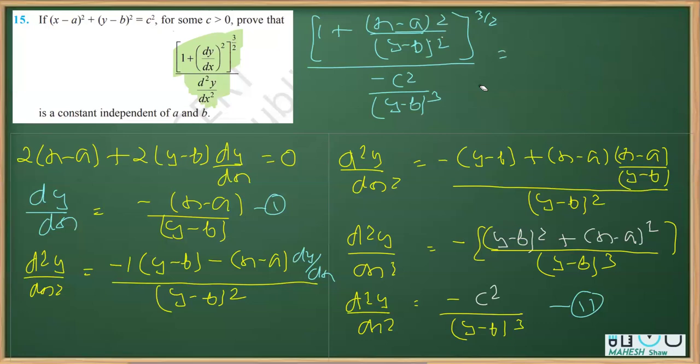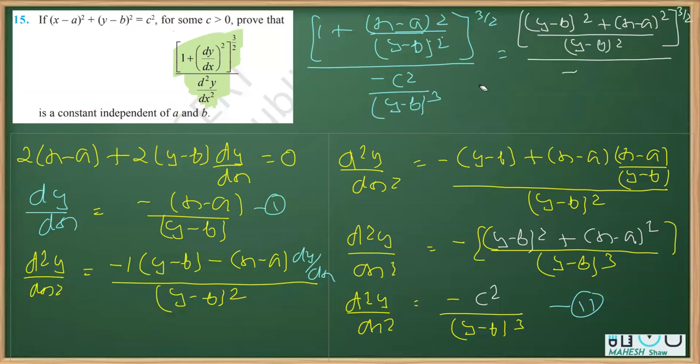Now if I take LCM, this gives (y minus b) whole square plus (x minus a) square, divided by (y minus b) square, and then this whole power is 3 by 2, divided by minus c square by (y minus b) the whole cube.